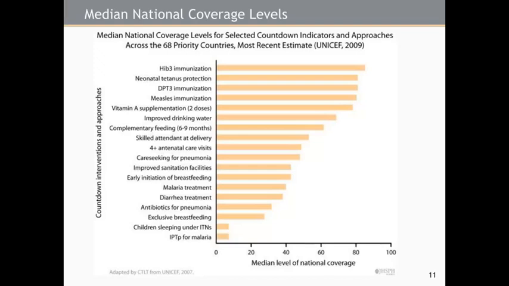You see the percentage of mothers who are exclusively breastfeeding their child is only 28%, and only 32% of children are receiving antibiotics when they develop a pneumonia. So you can see that we have an enormous way to go in terms of getting proven effective interventions to children and mothers who really need these services.